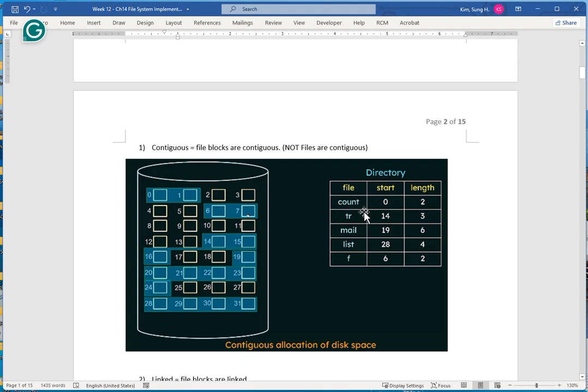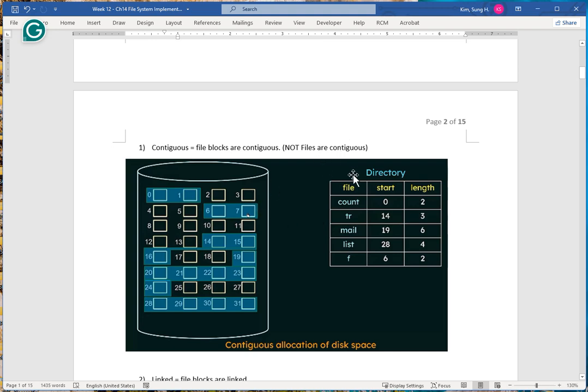So the file called count starts at block 0 right here, and then it has a length of 2. Here's 1, and here's 2, and they're contiguous, right? And then let's say the mail file that starts at number 19 has 6 blocks. So 1, 2, 3, 4, 5, 6. So as you can see, they are continuous, right?